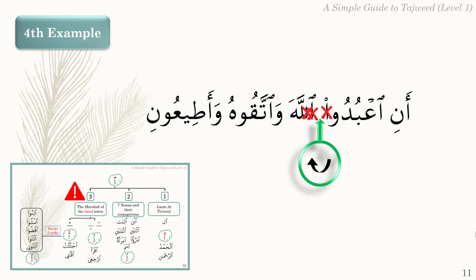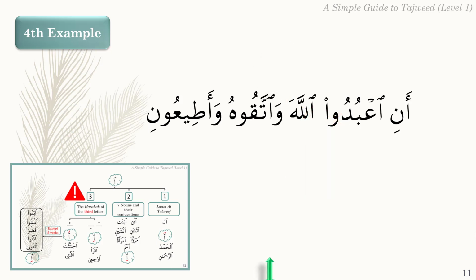And to avoid reading 2 sakin letters following each other, we will skip the first of the 2 sakin letters because it is a mad letter, which in this case is a waw mad, connecting dal with dhamma to lam sakina. We will also stop on the third word, changing fatha on ha into sukoon. أن يعبدوا الله.